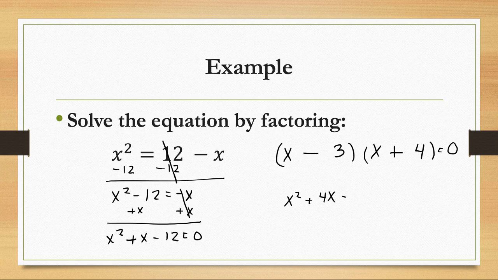Inside terms make a negative 3x. Last terms make negative 12. Combine your middle terms, and you have x squared plus x minus 12, which is what you have over here, and that tells you that you factored it correctly.